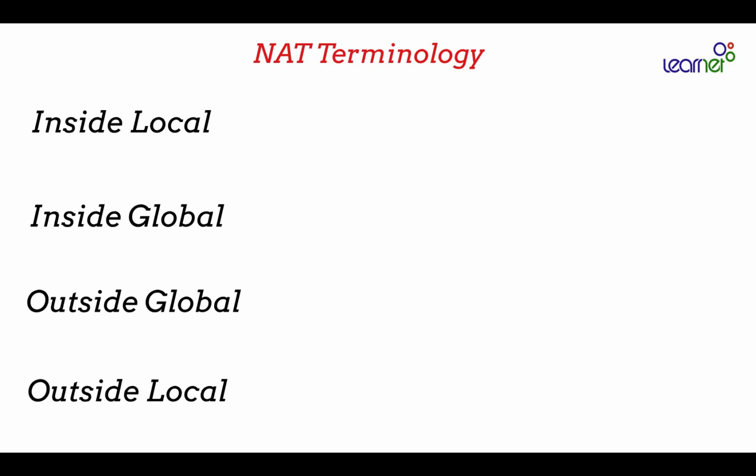So for source NAT, inside local is your private IP address 192.168.1.1, and inside global is the representation of your private address, for example 52.67.91.209.